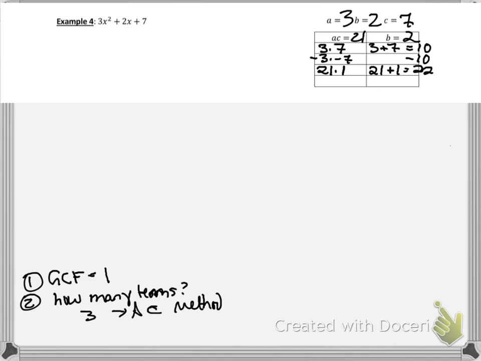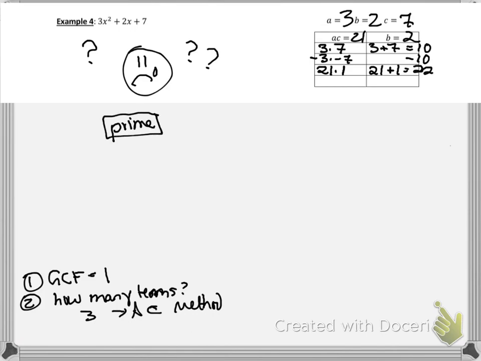So sometimes this happens. Sometimes you exhaust the list of factors and you cannot find any two numbers whose product is 21 and whose sum is 2, or whatever your AC and your B are. So what do we do? Do we cry? Do we go home? Do we give up? Well, just like we did in 4.1 when the GCF was 1, all we do is write prime. That doesn't mean that there's not any way to factor this.